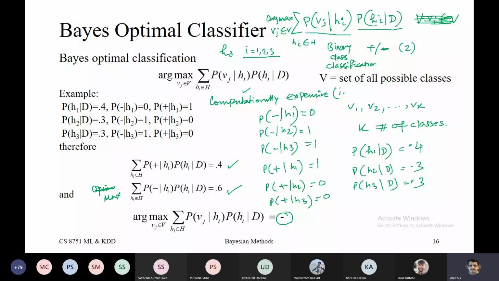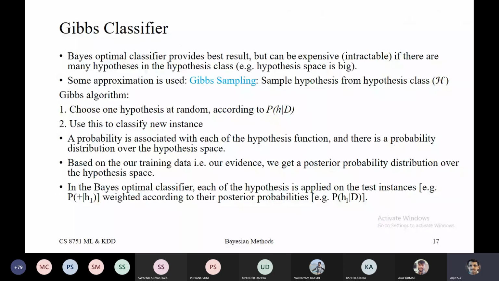A mathematically intractable problem, with a very huge computational cost if H is high. So the Bayes optimal classifier, though it provides the best result, can be expensive and intractable if there are many hypotheses in the hypothesis class, if the hypothesis space is large.